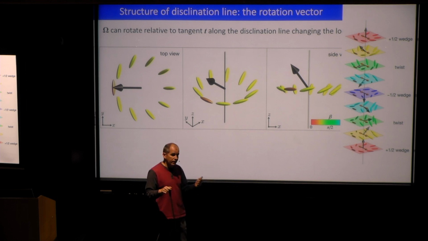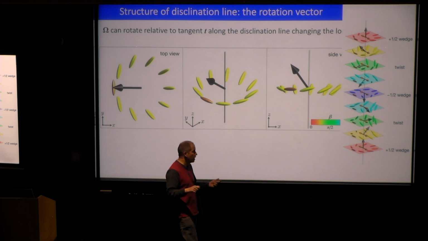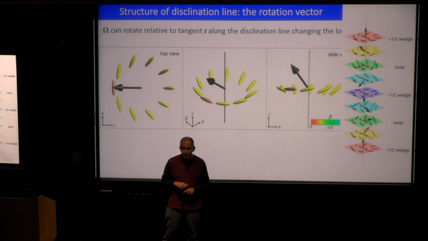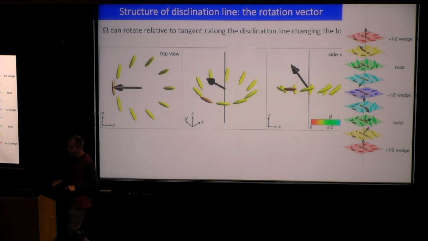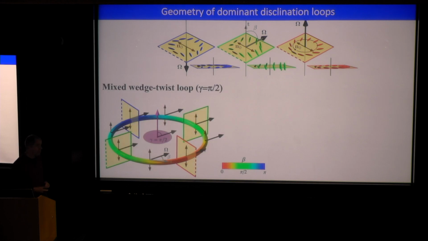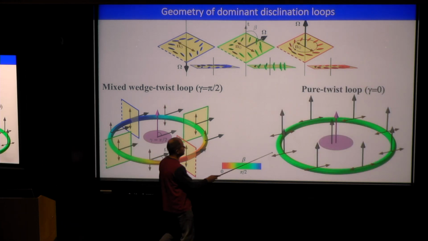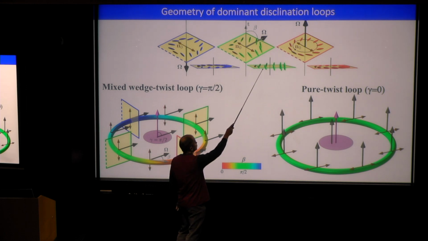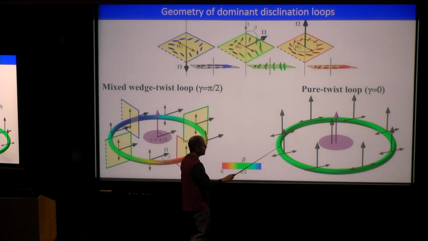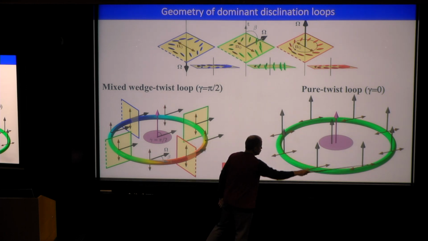Some of them can have a net topological charge, but some disclination loops in 3D can have no net topological charge. The two particular families that are important in our case are the mixed wedge-twist loop and a pure twist loop. A pure twist loop is simple to explain. I have a local twist character, and you just close that into a loop.